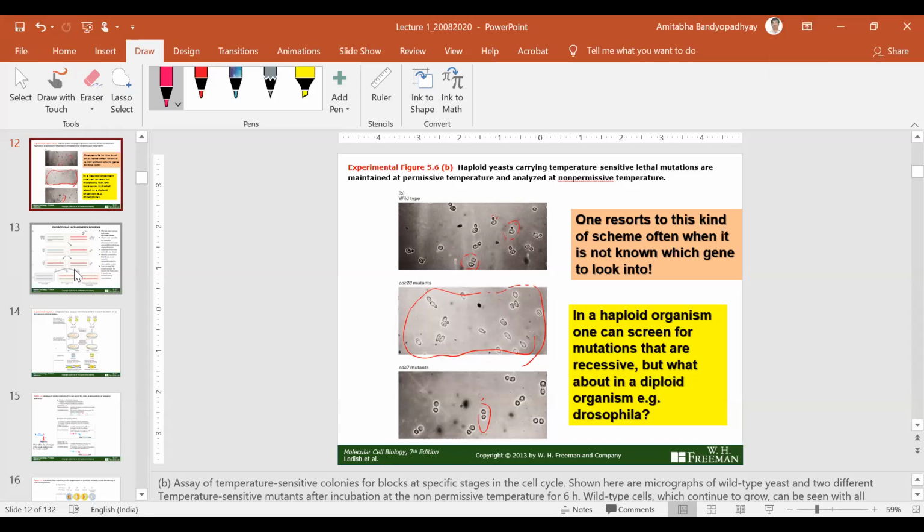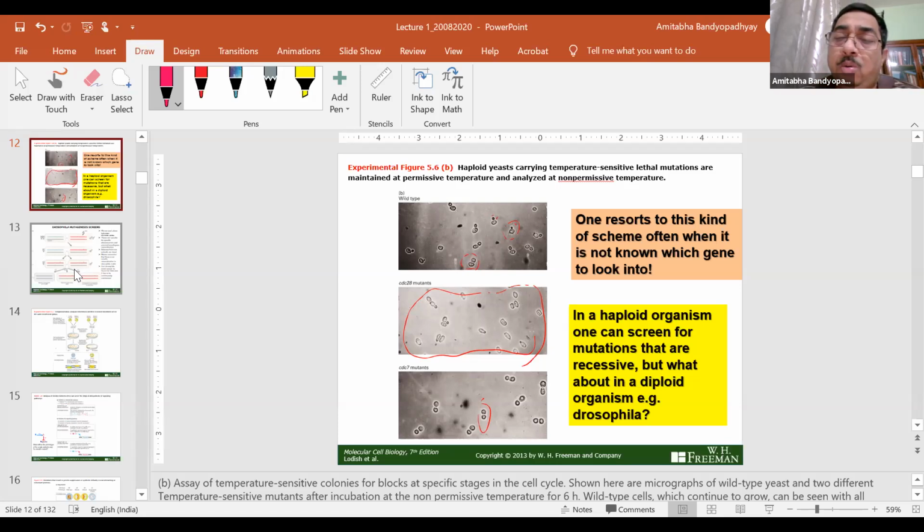Of these 500, if you have a way of narrowing them down further for your particular interest, you do it. In most cases, you will not have that advantage that Lee Hartwell had for cell cycle mutants, or Randy Schekman had for the intracellular trafficking mutants.